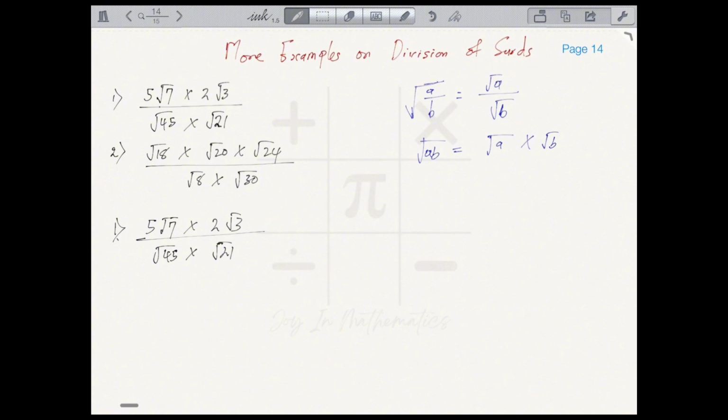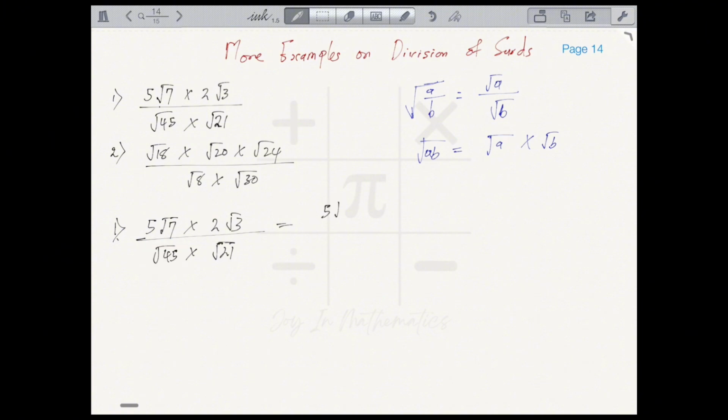Yes, like I said earlier, the best thing while performing operations of surds is to reduce each and every term to its basic form. So 5 root 7 is already in its basic form, 2 root 3 likewise, so we have to convert root 21 and root 45 to their basic forms.